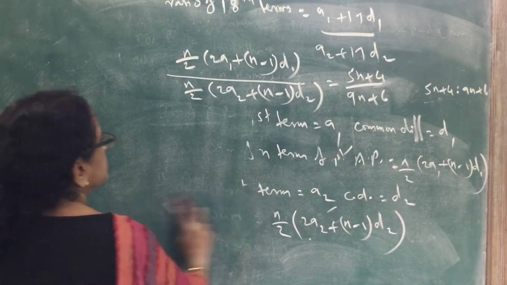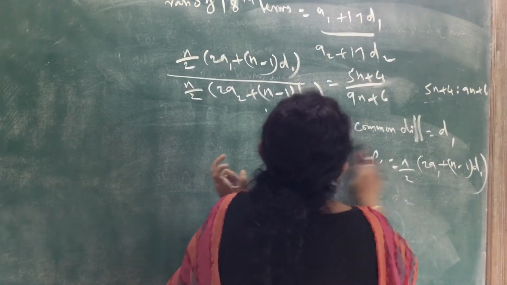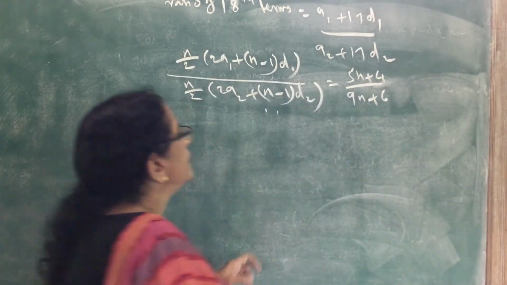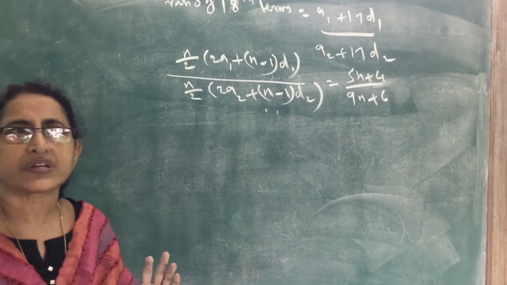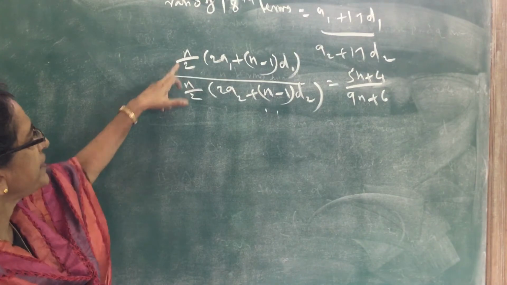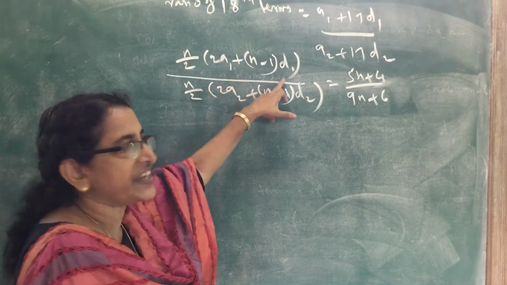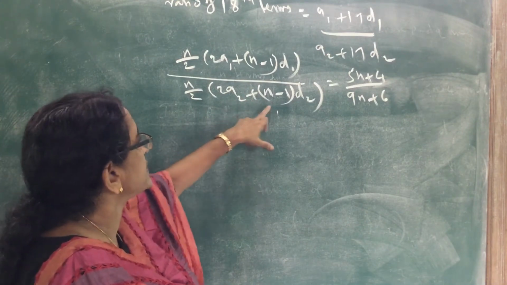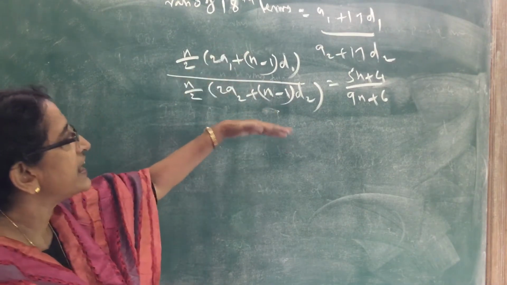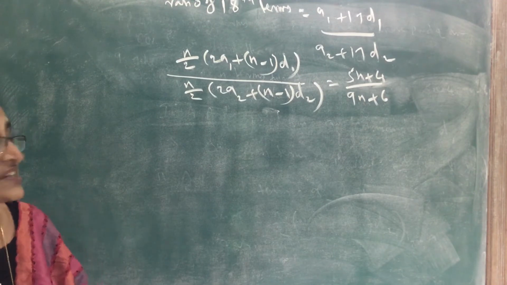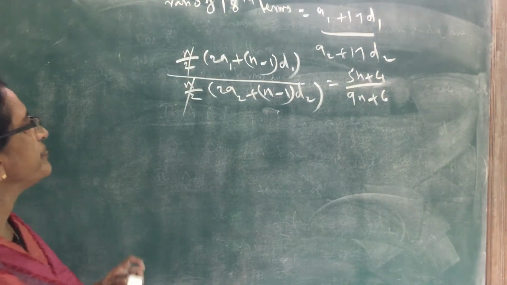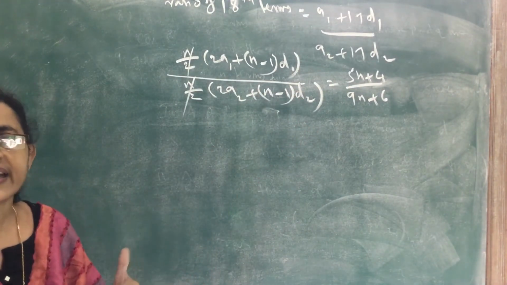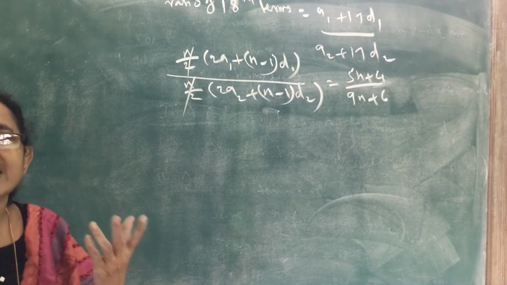Now we have to think and find out. Given that n by 2 into 2a1 plus (n minus 1) d1, divided by n by 2 into 2a2 plus (n minus 1) d2, is 5n plus 4 divided by 9n plus 6, the n by 2 cancels. This equation is true for every n, since n is a variable, and we can substitute any number.